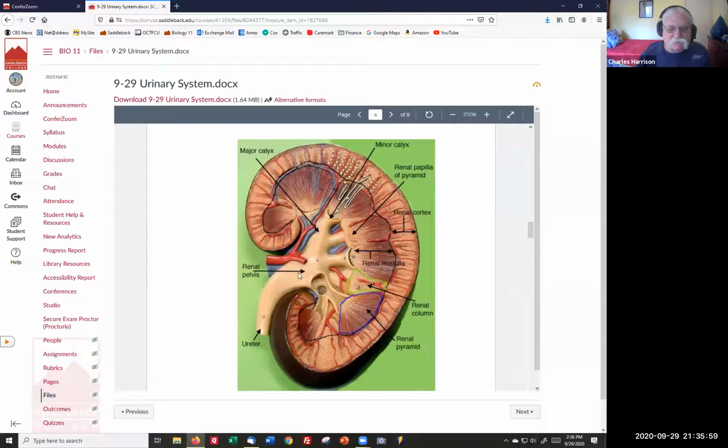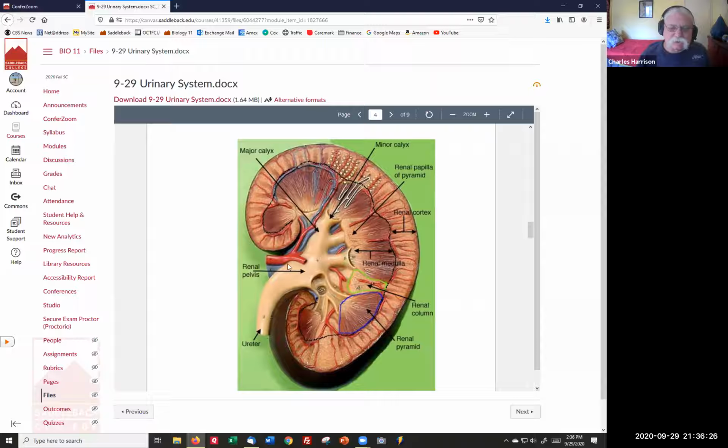This indentation on the medial side of the kidney is called the hilus, H-I-L-U-S. It can also be called the hilum. If you've ever seen a bean, especially like a black-eyed pea, with the dark spot on one side, it's always on the concave side.